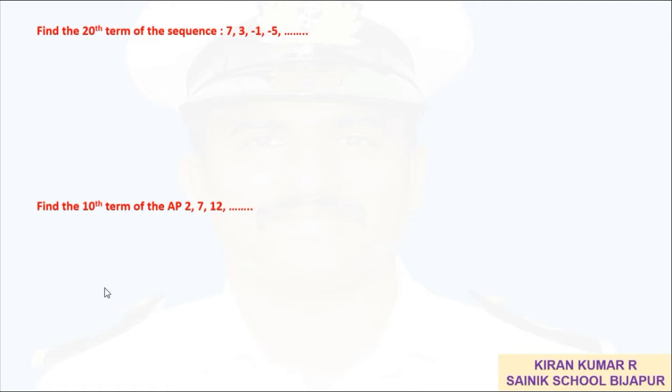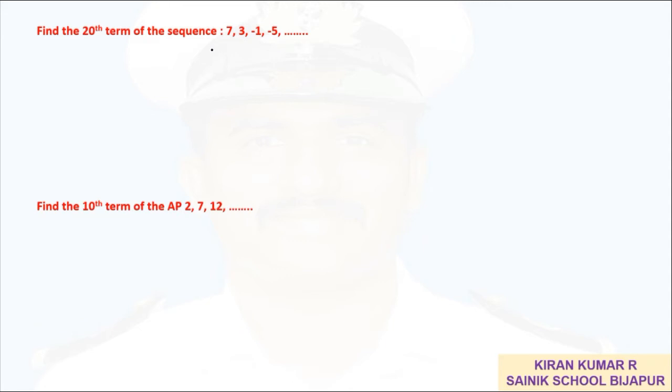The first question is, find the 20th term of the sequence 7, 3, minus 1, minus 5 and so on. To find the 20th term, I require the first term and the common difference.